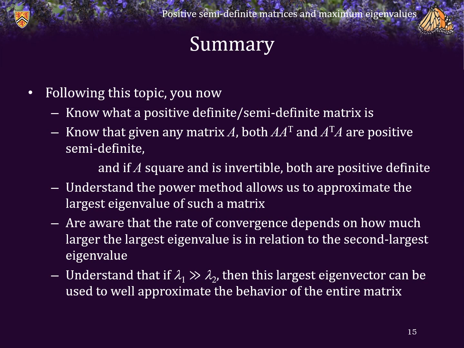You're aware that the rate of convergence depends on how much larger the largest eigenvalue is in relation to the second largest eigenvalue, and you now know that if that first eigenvalue is significantly larger than even the next largest eigenvalue, then this largest eigenvalue-eigenvector pair can actually be used to well approximate the behavior of the entire matrix at significantly reduced cost.